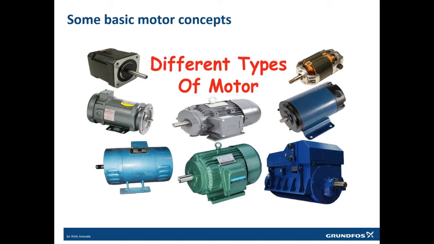Most of the time you will find a squirrel cage induction motor. So this is very relevant to the pump industry as well. Most of the concepts remain the same, sometimes a few things vary, but the motor concepts remain the same.